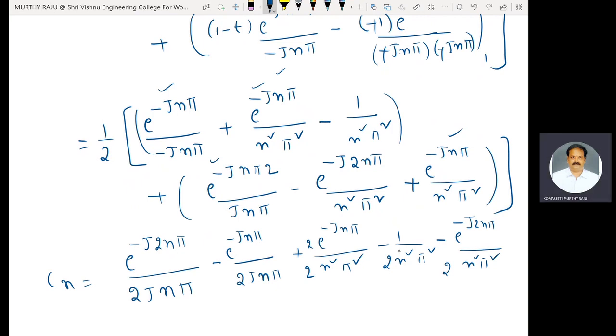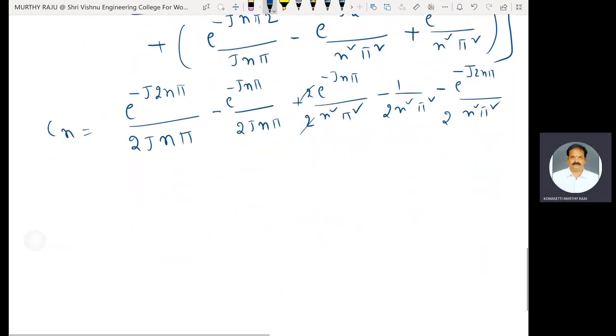Here minus 1, e power minus j n pi by n square pi square minus 1 by 2n square pi square minus e power j 2n pi by 2n square pi square. This is the Cn. Now C minus n.